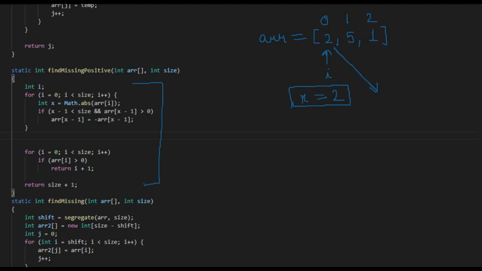That means if we have 2 as the index of any element, we will go to that index and make its value negative. But here, as the indices start from 0, we will go to x minus 1, which is the first index, and see if this index is present in the array or not. As it is present, we will make it negative.